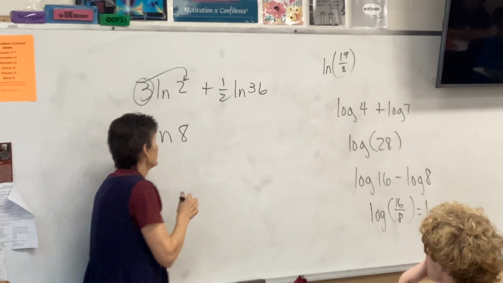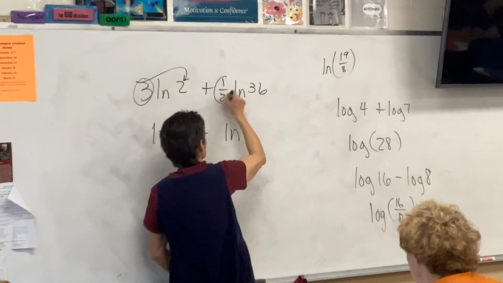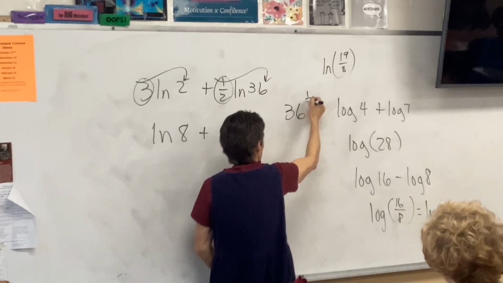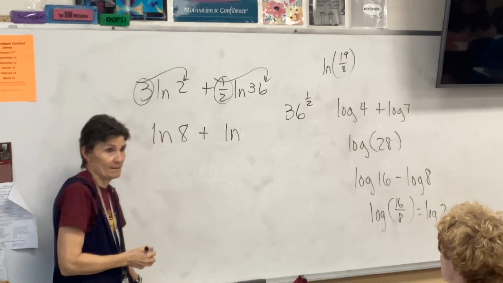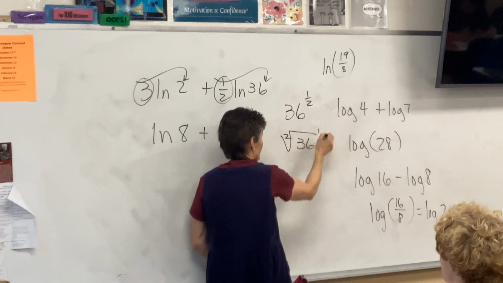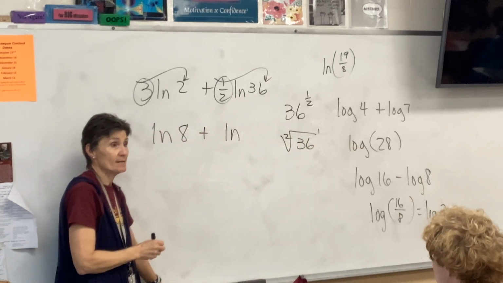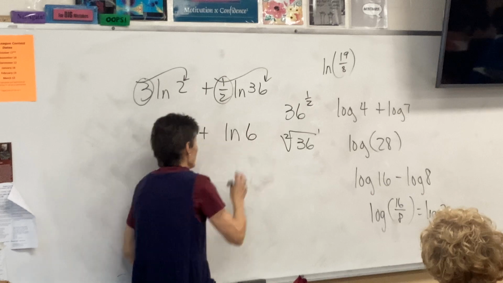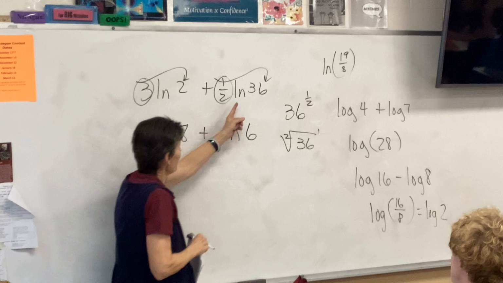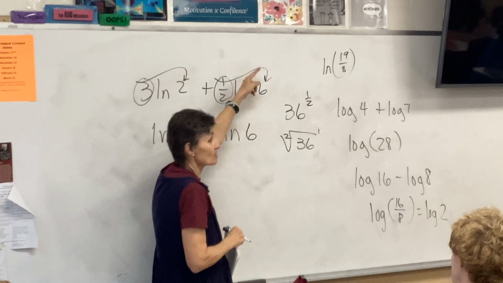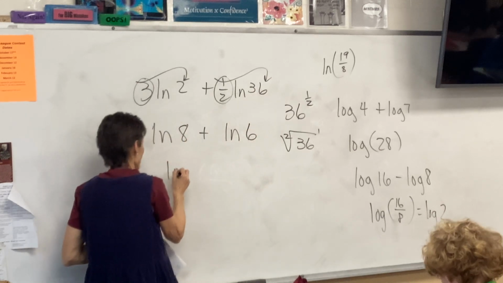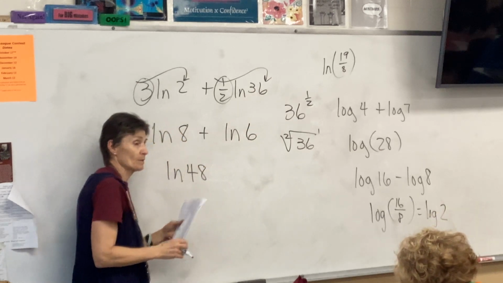And then I have ln 36 to the 1/2. What does that mean? Square root of 36, and the square root of 36 is 6. So we have ln 8, 2 cubed, and ln 6, 36 to the 1/2, square root of 36. And then those are going to be multiplied, so that is ln 48.